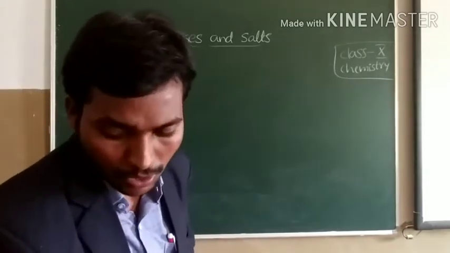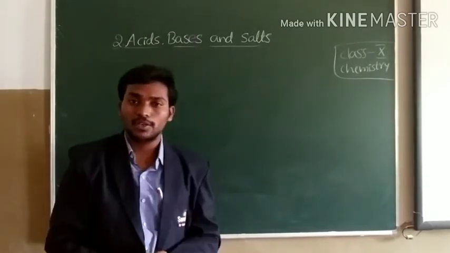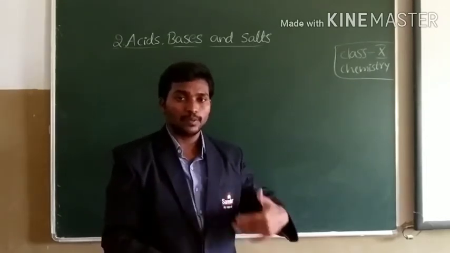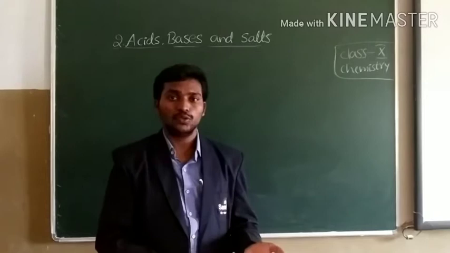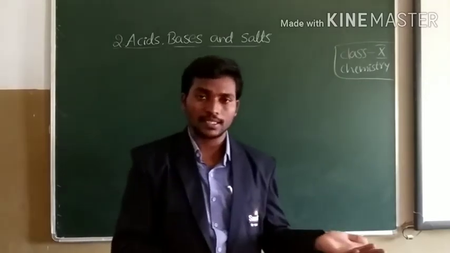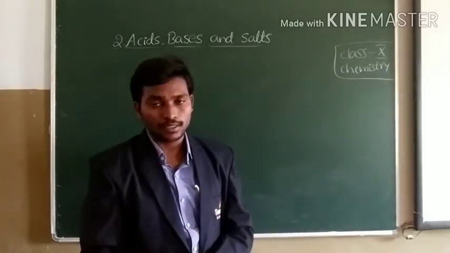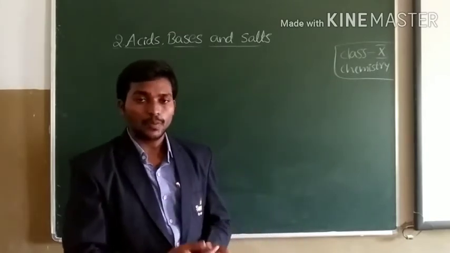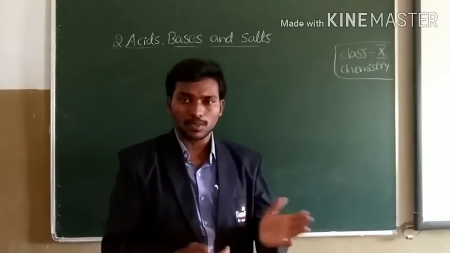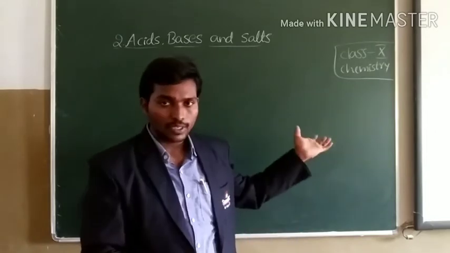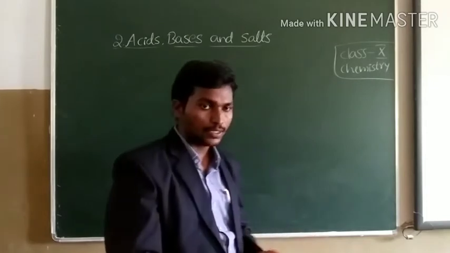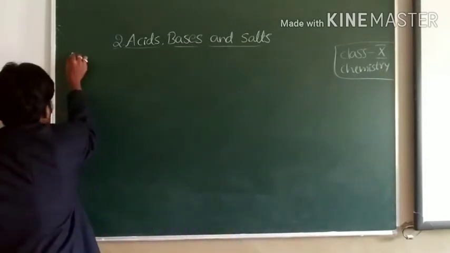Sodium hydroxide, potassium hydroxide, calcium hydroxide, magnesium hydroxide, ammonium hydroxide are all bases. Acids are like hydrochloric acid, sulfuric acid, nitric acid, acetic acid, tartaric acid, etc. By using indicators like litmus paper and phenolphthalein, we can identify the nature of the substances. Let us see that.